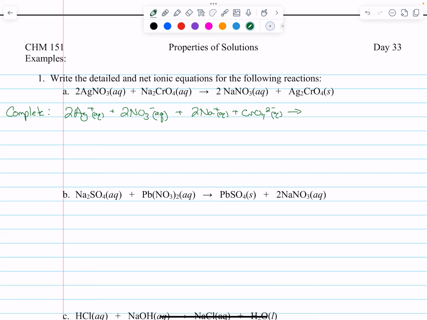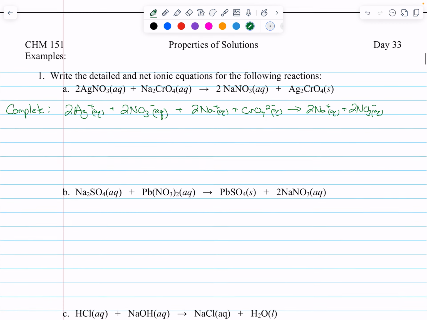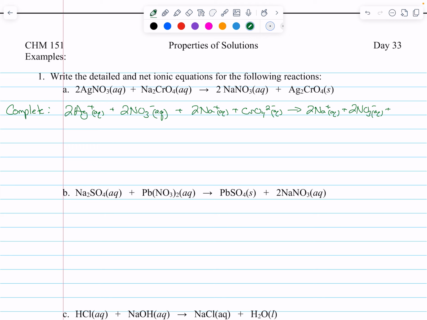Other side, sodium nitrate, ionic and aqueous, 2Na plus, 2NO3 minus. I'm going to try to fit that in there. Silver chromate is a solid, Ag2CrO4 solid. All right, there's my detailed equation with everything there.